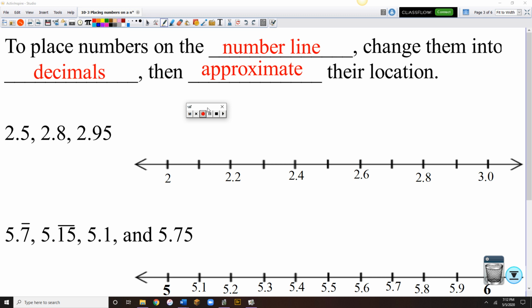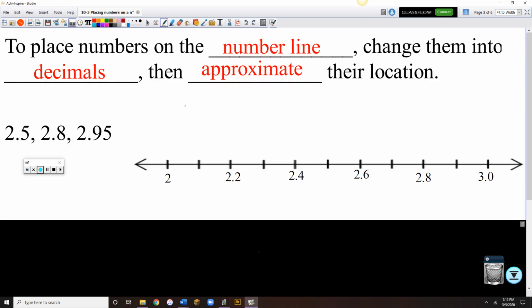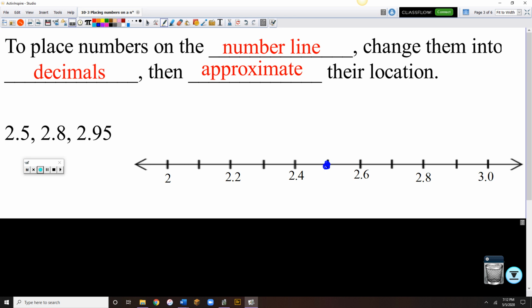Okay, so 2.5. Let's focus on one thing at a time here. 2.5: I've got 2, 2.2, 2.4, then 2.6. So this line right in the middle is our 2.5, and we'll draw a dot and label that 2.5.